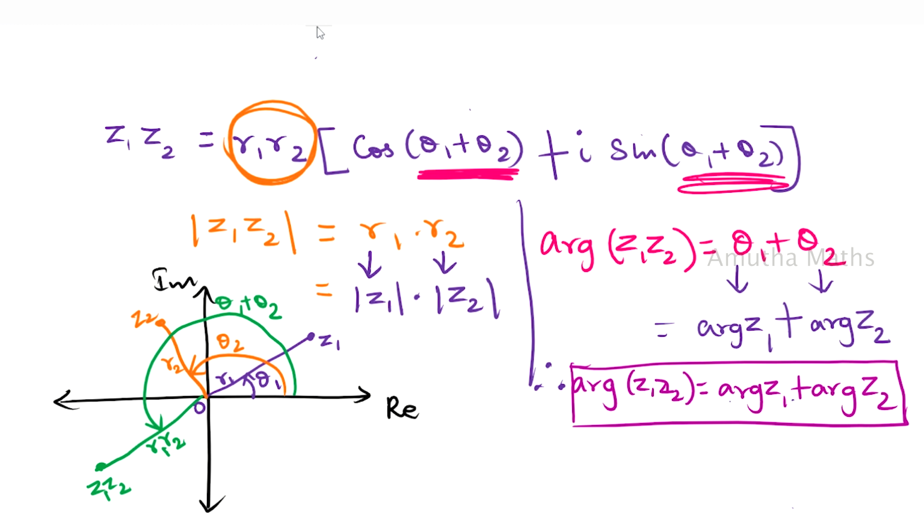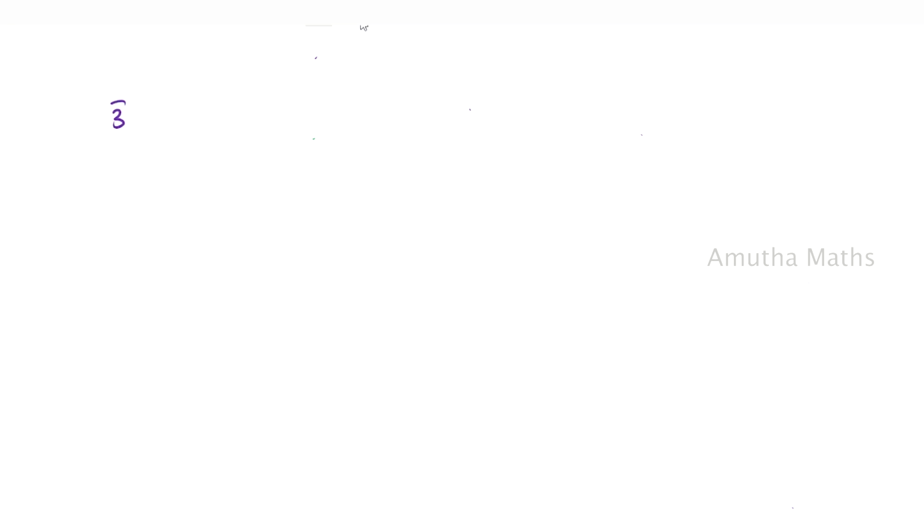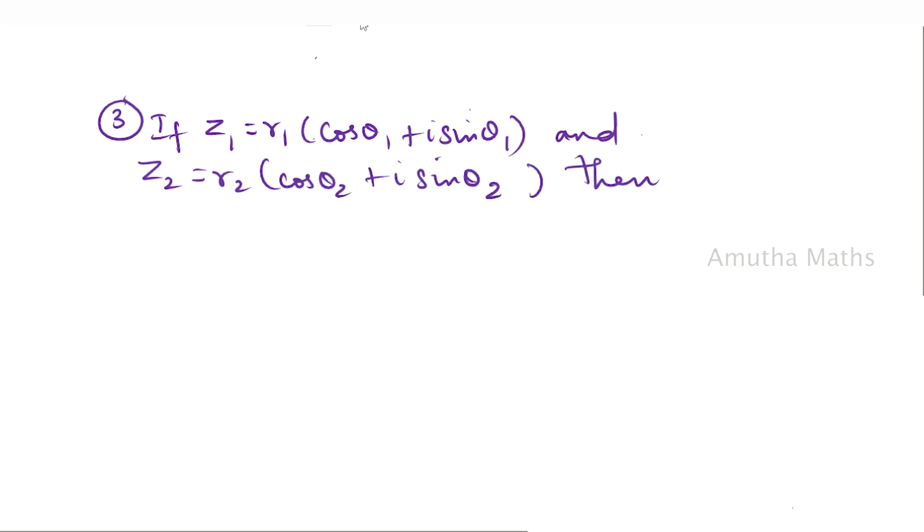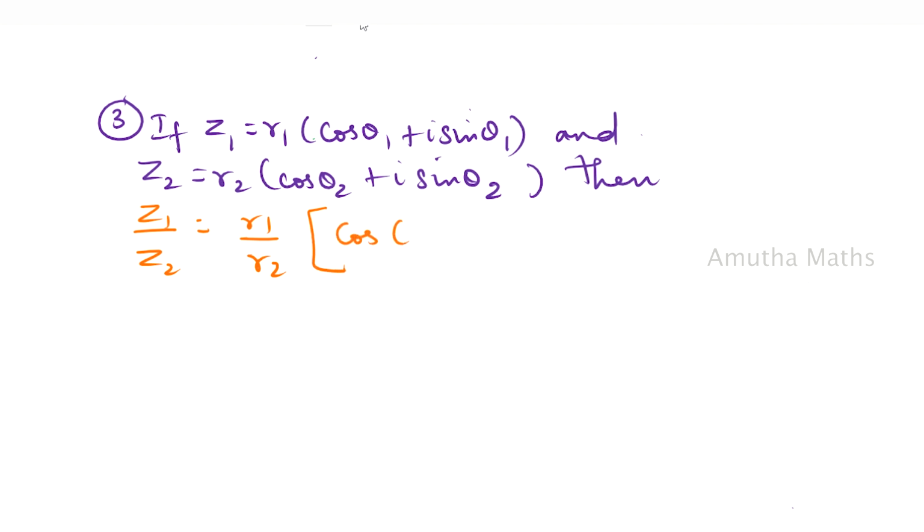Now the third property is, if Z1 is equal to R1 into cos theta 1 plus I sin theta 1, and Z2 is equal to R2 into cos theta 2 plus I sin theta 2, then Z1 by Z2 will be R1 by R2 into cos of theta 1 minus theta 2 plus I sin of theta 1 minus theta 2. So this is what we have to prove.